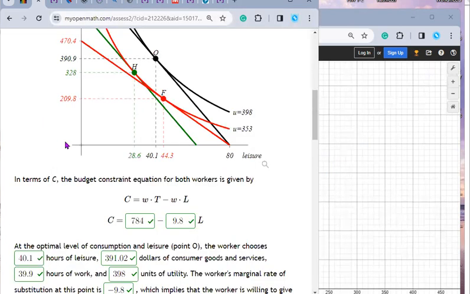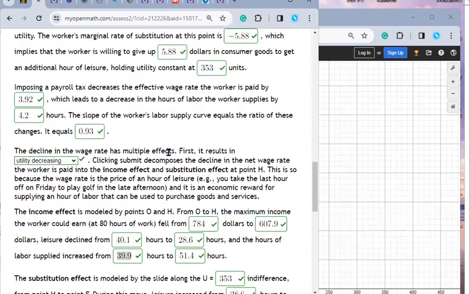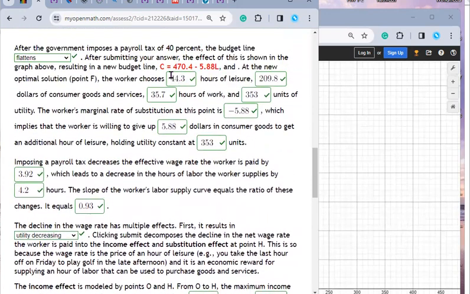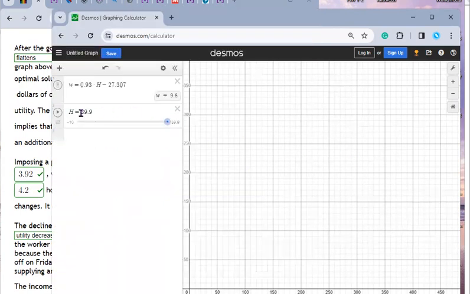When leisure is 44.3 after the wage increase, hours worked were 35.7. So if I change this to 35.7, I get a wage of 5.88, essentially. So that's my labor supply curve, and it's upward sloping. Okay.